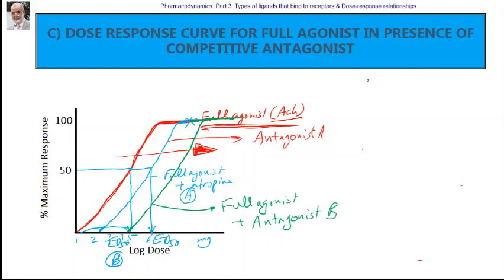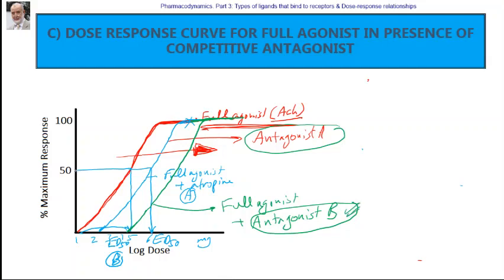We said the more the shifting to the right, the more potent is the antagonist. Now, which one do you think is more potent, antagonist A or antagonist B? Of course, antagonist B is more potent. Why?